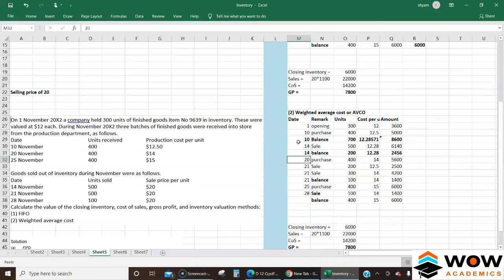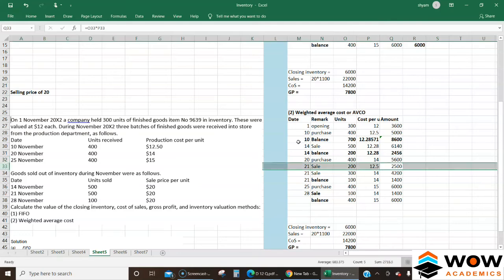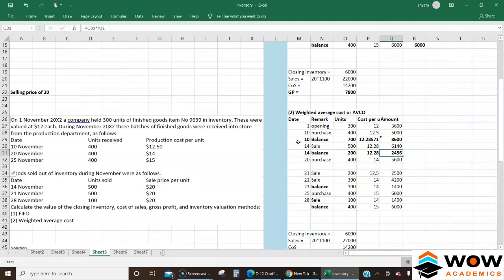Again, there's going to be a purchase. The purchase is for 400 units at 14, and this is the cost. So every time it comes, we have to balance. Okay.